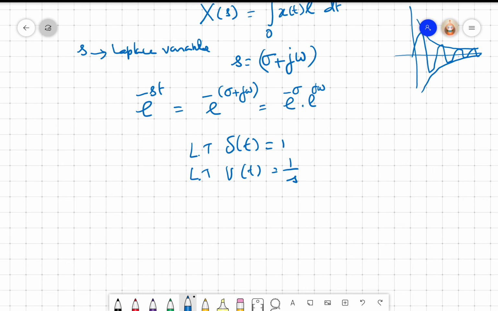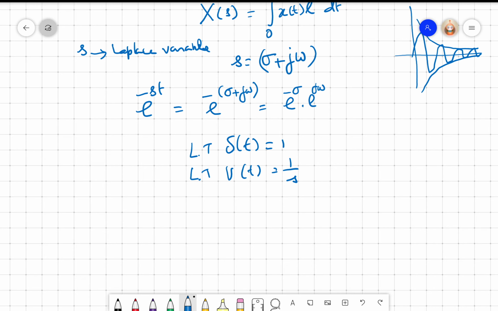So if I have these values, I can definitely convert my time domain quantity into a frequency domain quantity. And once I have the frequency domain quantity, I can actually get back my time domain quantity.